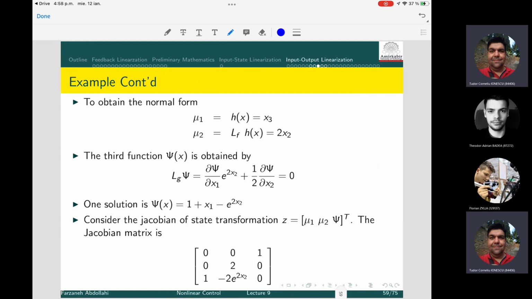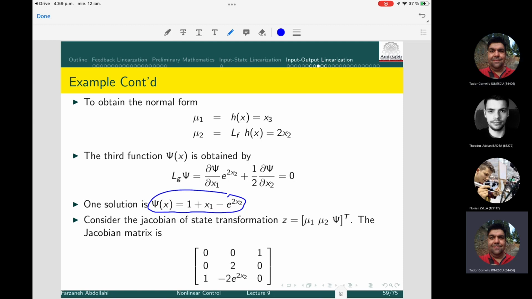So you get the normal form: mu1 like this, mu2 like this, and the third function, psi, is obtained solving this PDE. PDEs are not easy to solve, but this is an easy PDE, so it can be solved with this solution for psi.